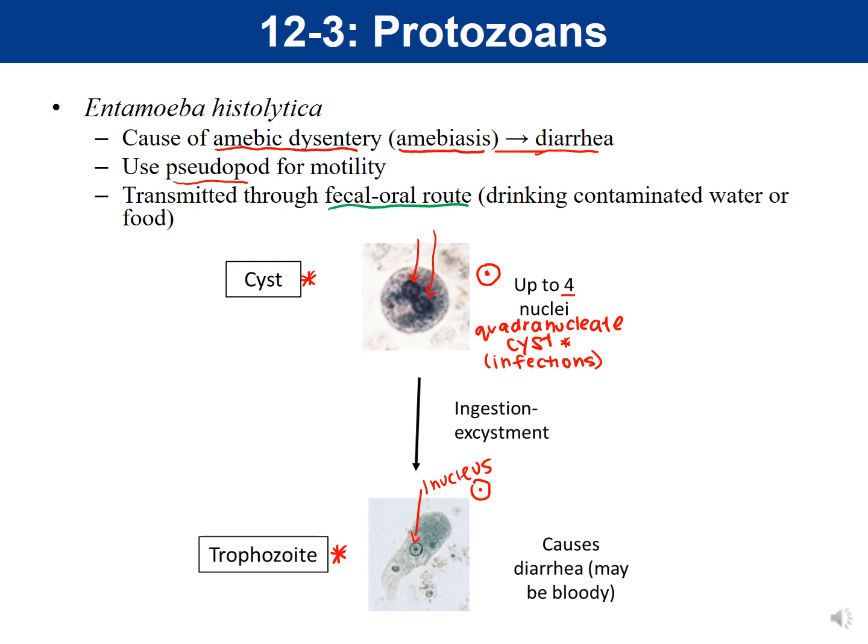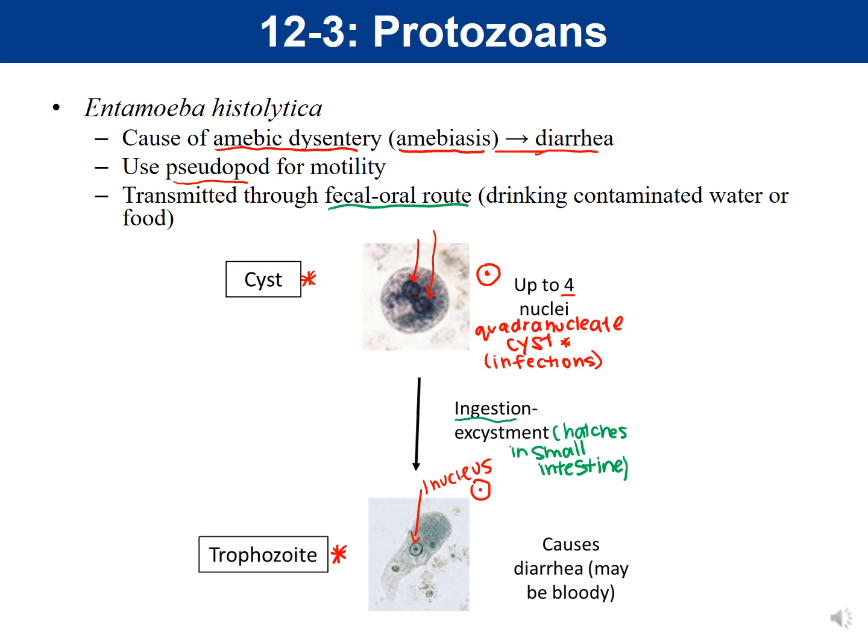So what happens is that the cyst is ingested. So notice we get ingestion. And it's going to undergo what's called excystment, meaning that it hatches in the small intestine. So the cyst is able to withstand the stomach acid.